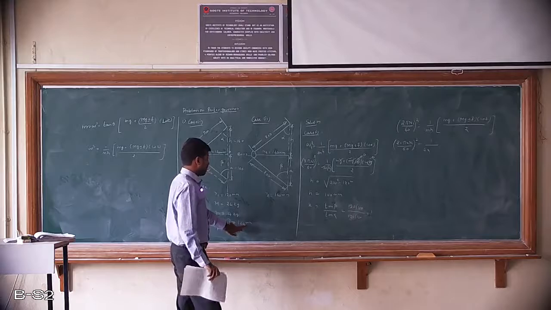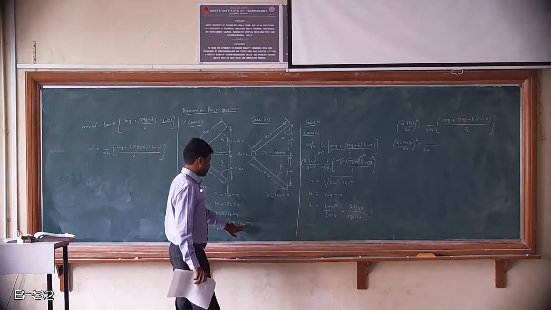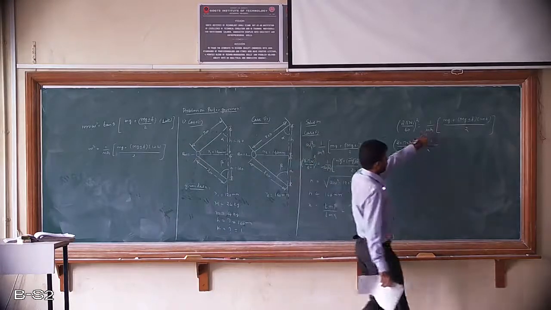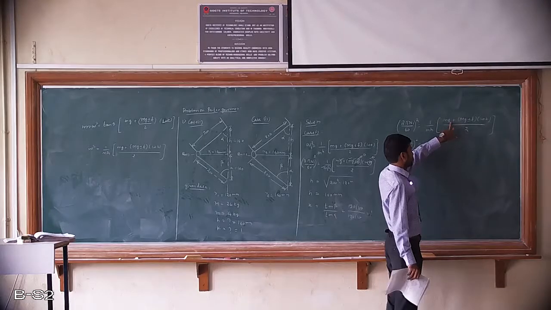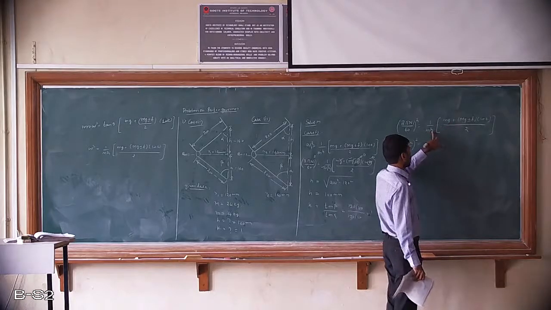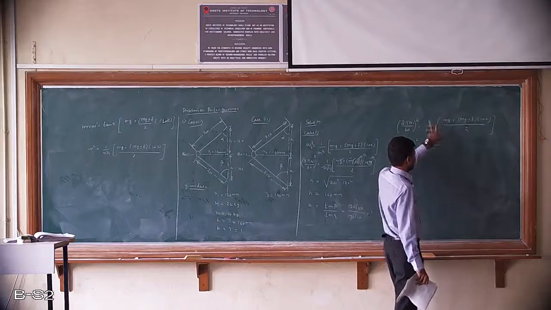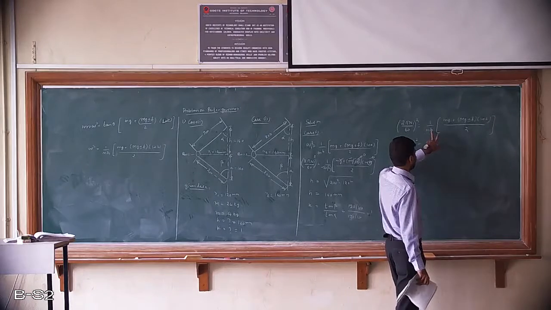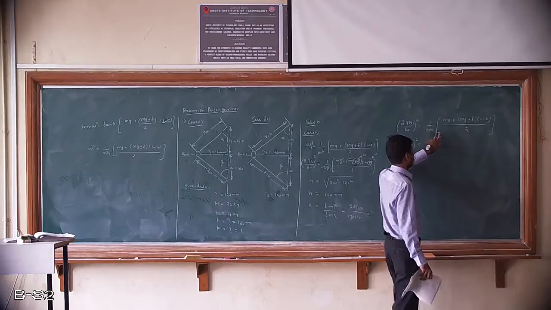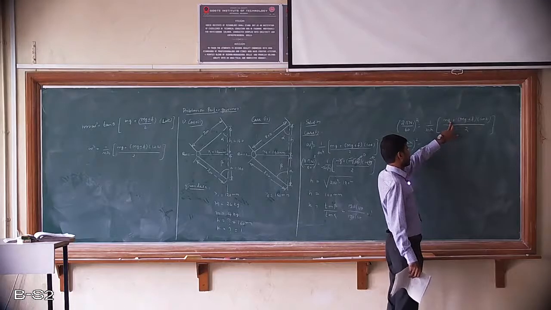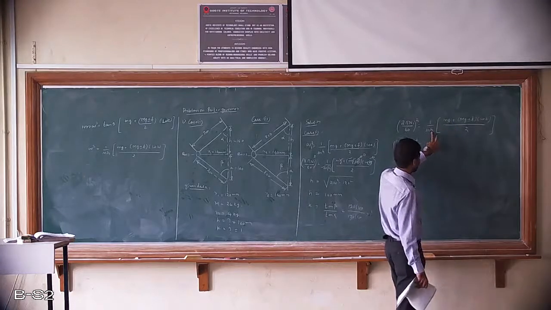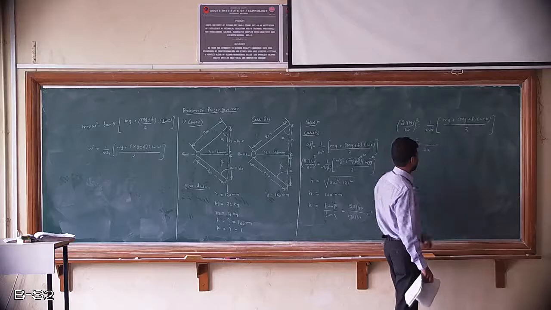So please remember, you have to substitute it in terms of meters, because m into g, this g is 9.81 meter per second square, and if you substitute this h in terms of mm, the entire problem becomes wrong. So either you keep h in mm only, or convert g in terms of mm, or keep g in terms of meters and convert h in terms of meters.